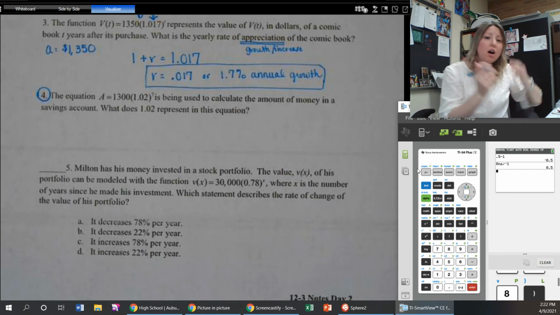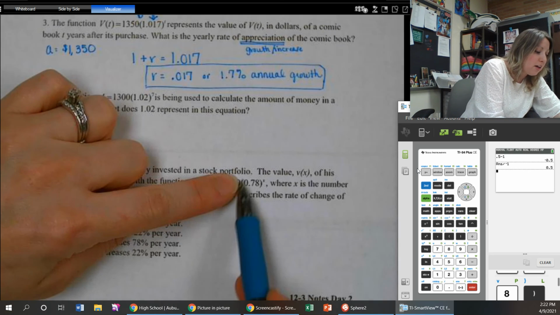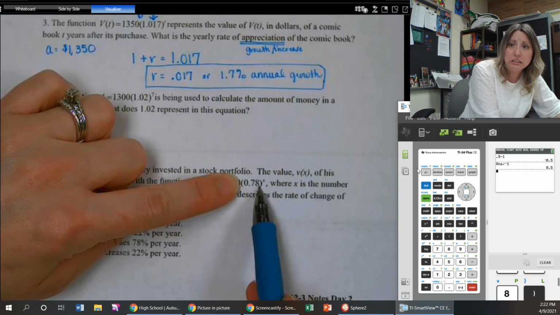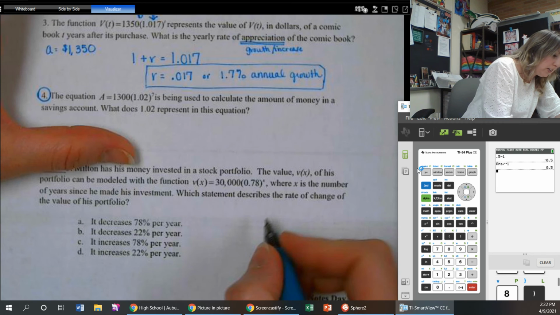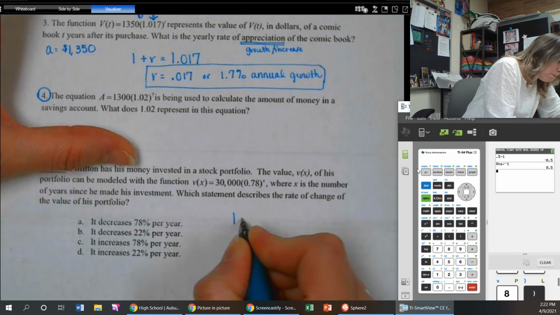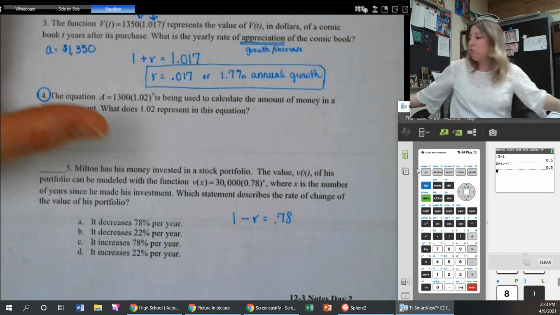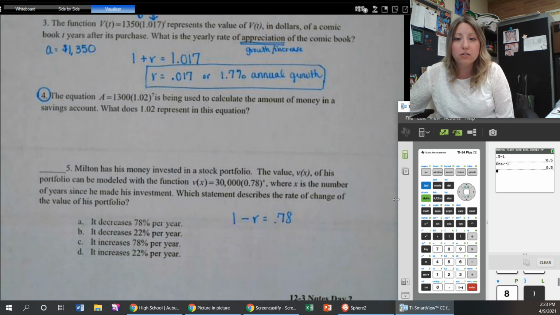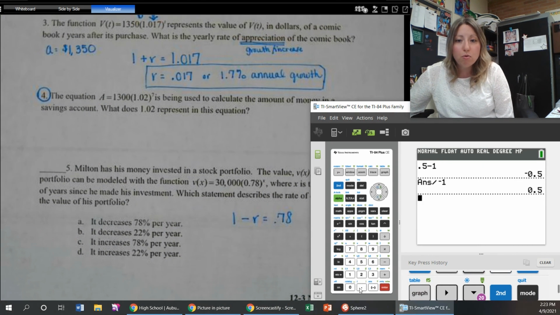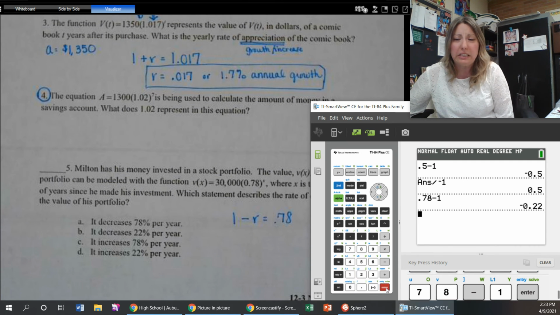No. Look, this is a value less than 1. Ugh. Poor Milton. Poor Milty. 1 minus r equals 0.78. We got to subtract 1 from this. So we take 0.78 and we subtract 1 and we get negative 0.22.